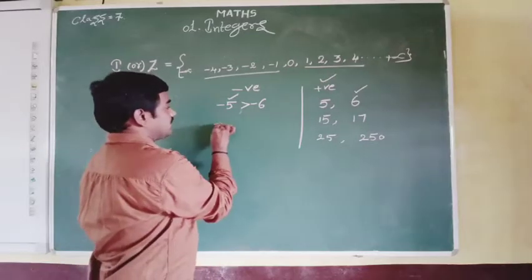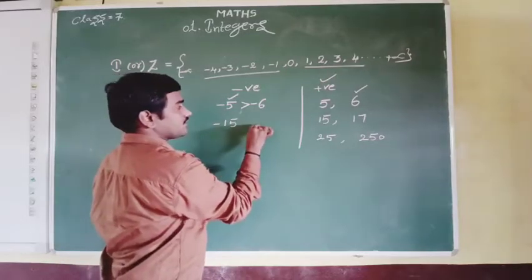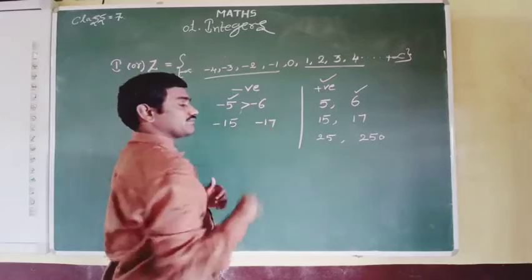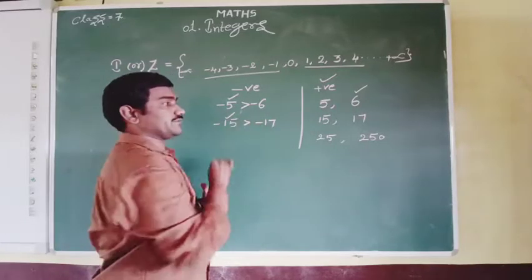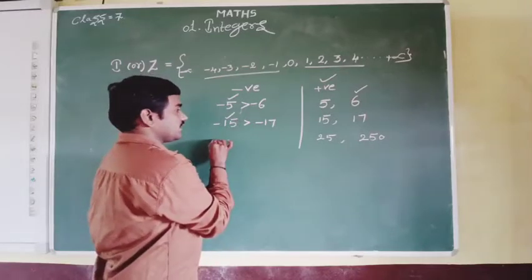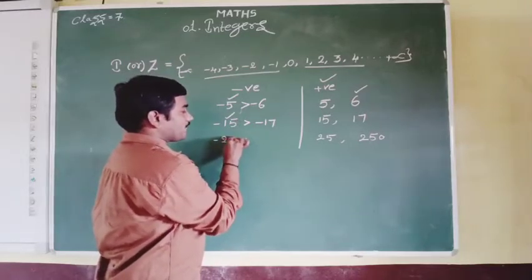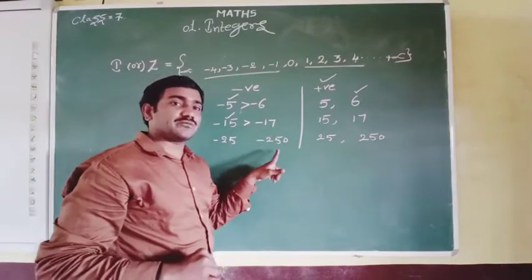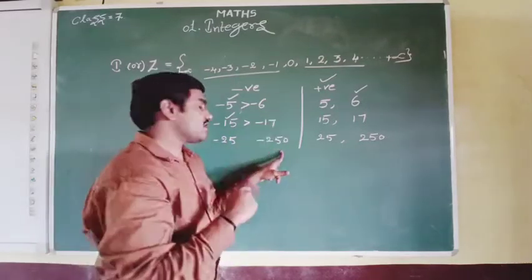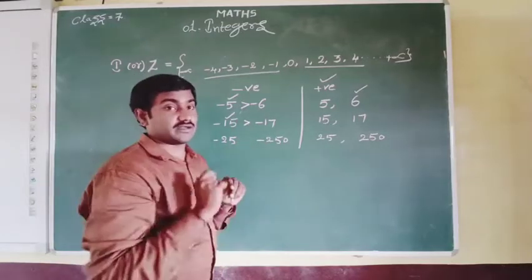Then let's take here minus 15, minus 17. Here also minus 15 is the greater number. Here minus 25 and minus 250. You should not say that minus 250 is a greater number and minus 25 is a smaller number.